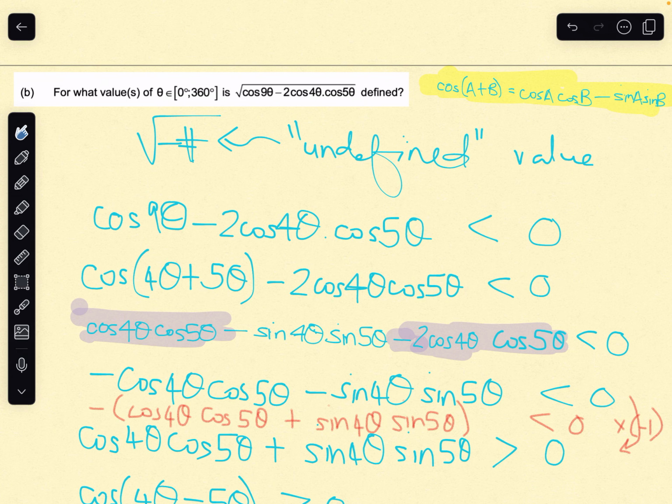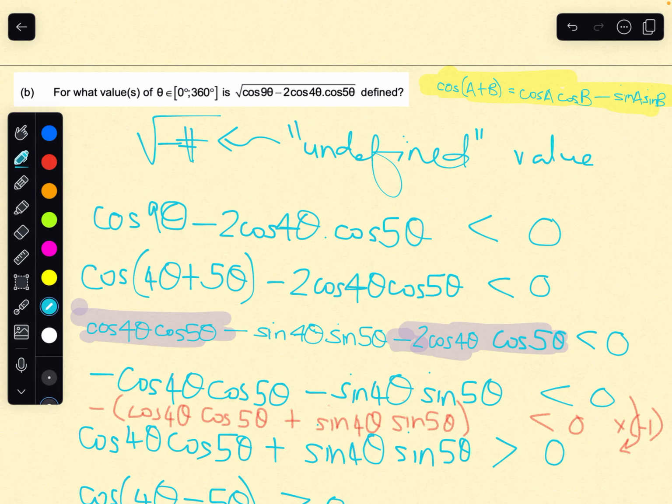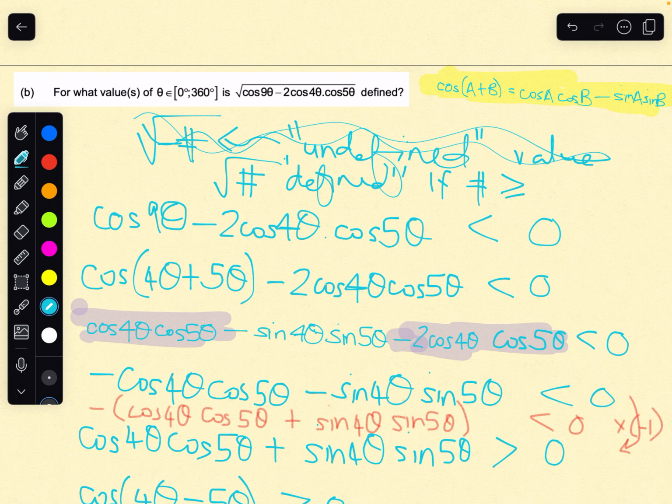So the easier way to solve this would have been to set up an inequality that answers the question directly, not the opposite, right? So instead of trying to solve this inequality and then remembering to think about the results in the inverse, you would rather just set up an inequality that says that this expression will be defined if it is greater than or equal to 0, and then that just becomes the inequality that you solve.